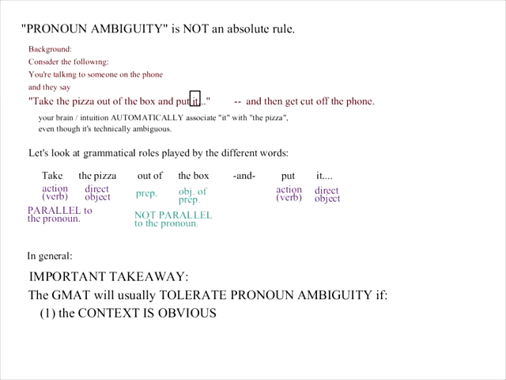We'll get to that in a second. Number two, the pronoun is parallel to the intended noun. And number three, the pronoun is not parallel to the other nouns.